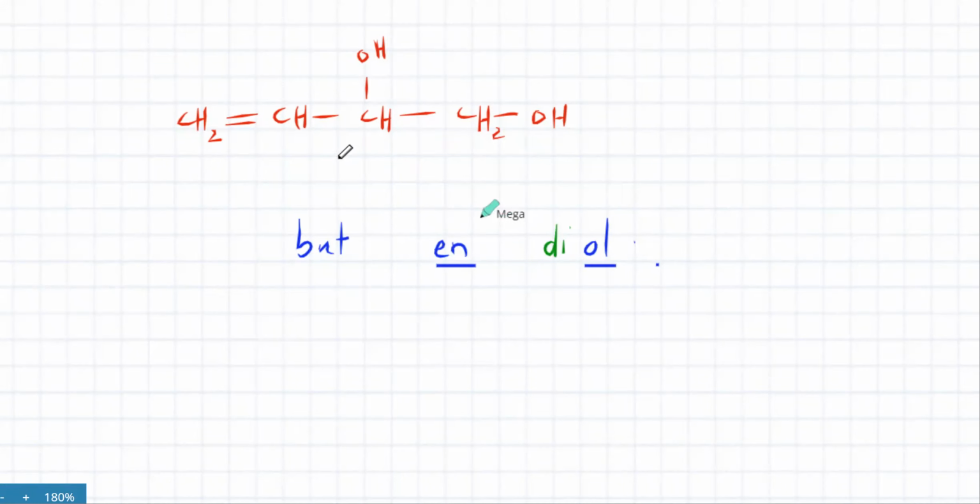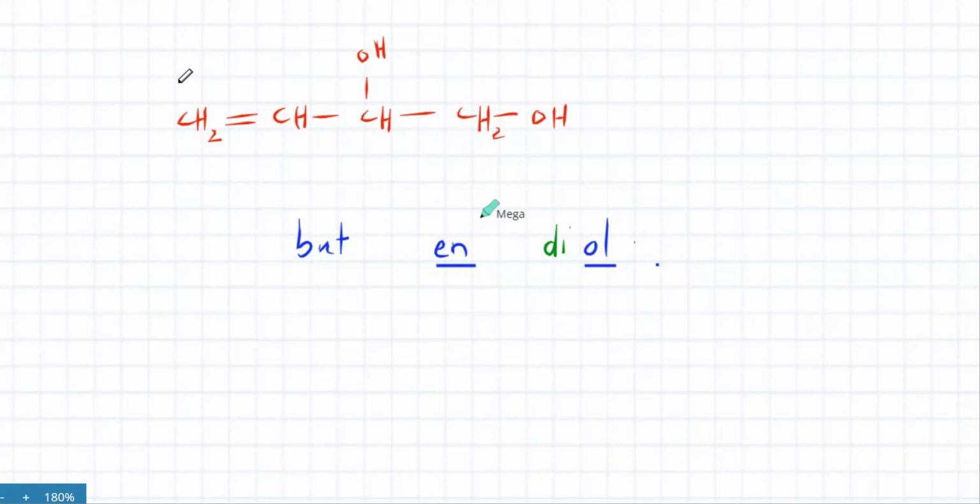Give the position. Which side would you count this from? Right side or left side? Right. Why would you count it from the right side? Because the OH is closer. But what about the double bond? On the left side, the double bond is closer. You can count it from any side in this case. So now here's the counting rule.